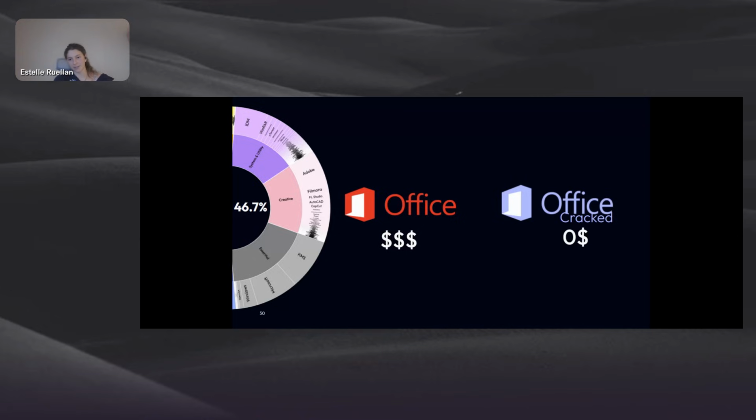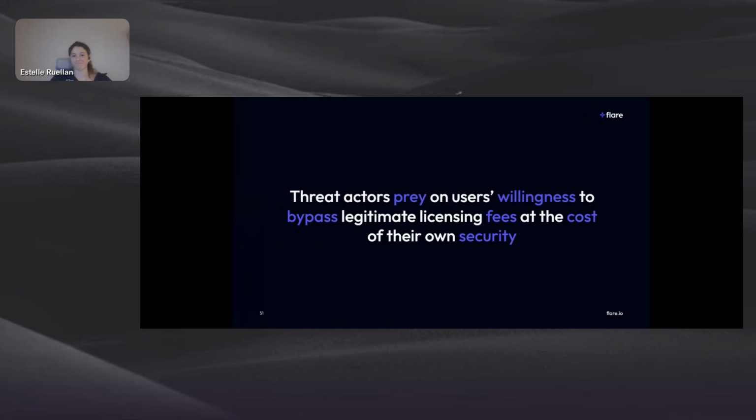Obviously, the cracked Office has an enticing promise. You get the same software for no cost. But again, the no cost often has a price, and it's your data. Here, threat actors prey on users' willingness to bypass those legitimate licensing fees at the cost of their very own security.